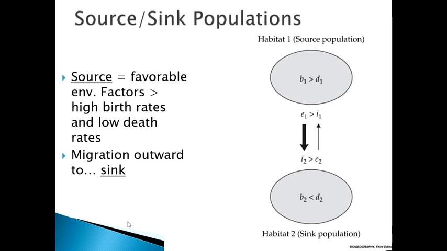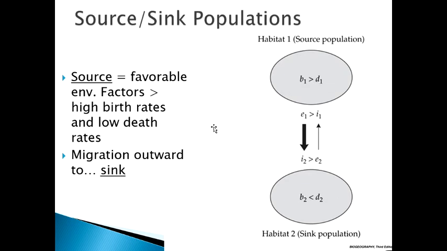Think back to that map I showed of the American chestnut. A source population is one that has favorable environmental factors such that it has high birth rates and low death rates. In the diagram here, B and D are birth rate and death rate. And notice here in the source, the birth rate is greater than the death rate.